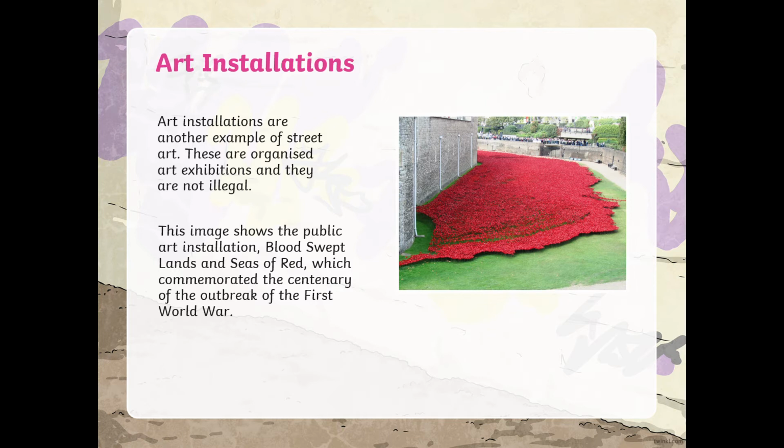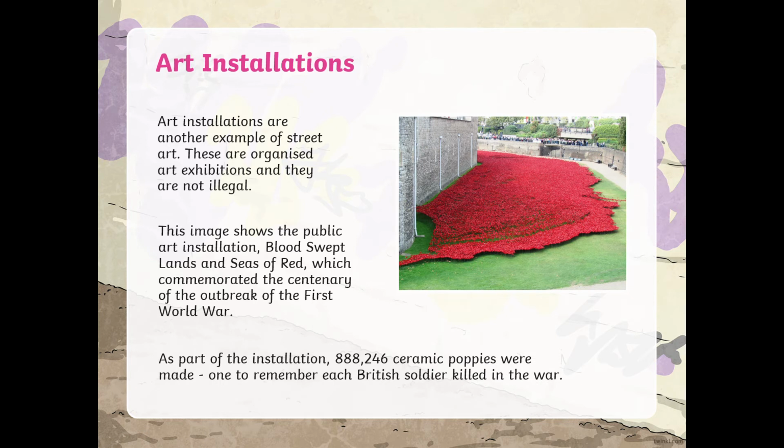So in 2018, in the Tower of London, all of these poppies, these metal poppies, were placed to commemorate the outbreak of the First World War and the blood that was shed. 888,246 ceramic poppies were made, one to remember each British soldier killed in the war.